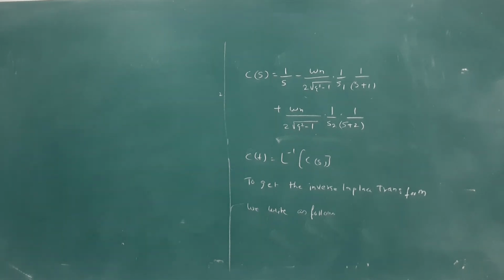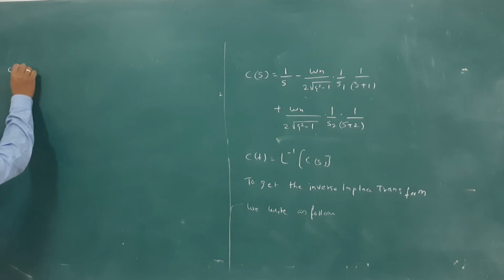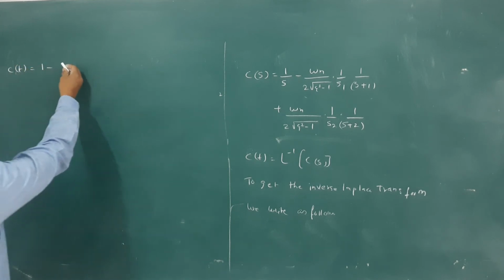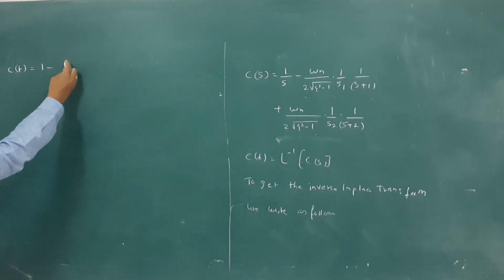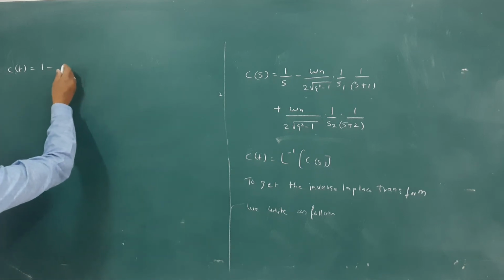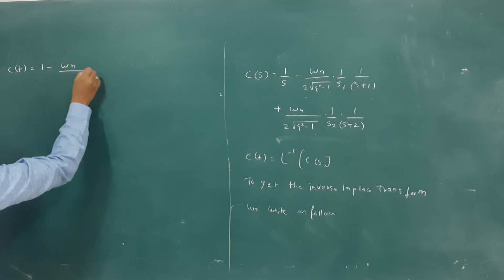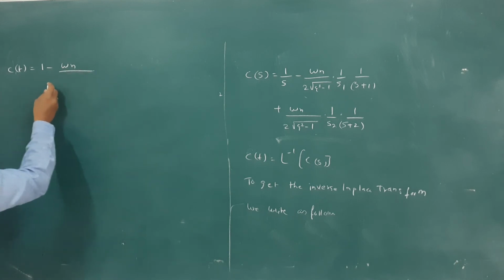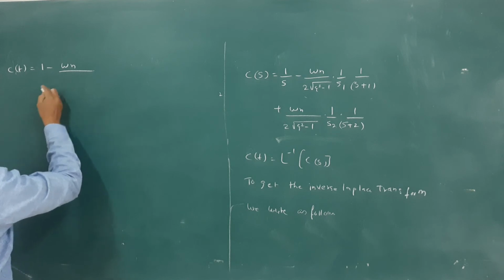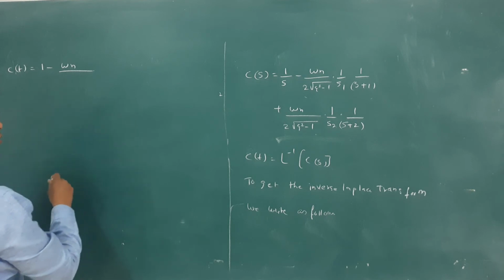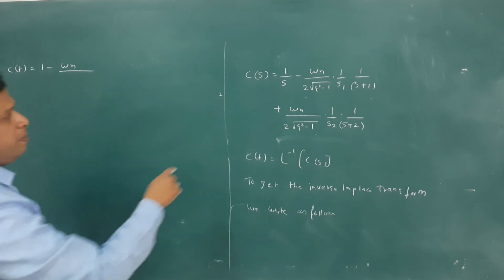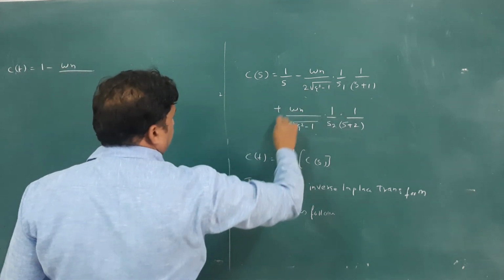So, C of t is equal to 1 minus omega n by 2 into... here only 1 by s is there, and here 1 by s1 and s plus 1.